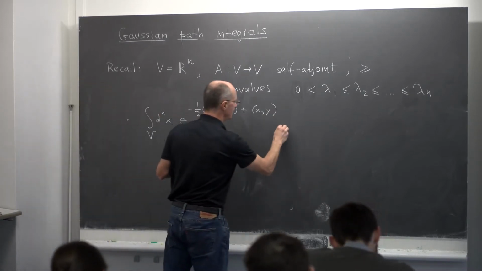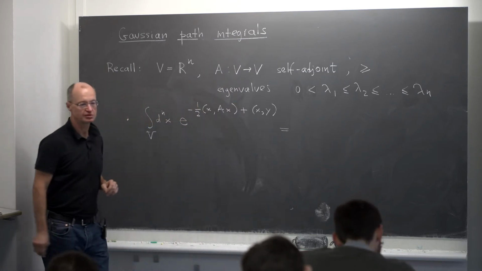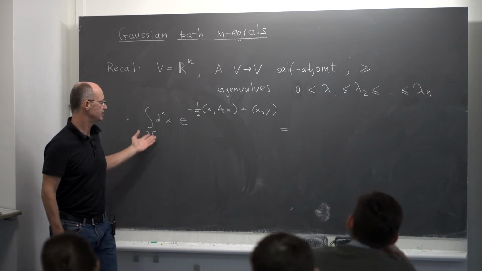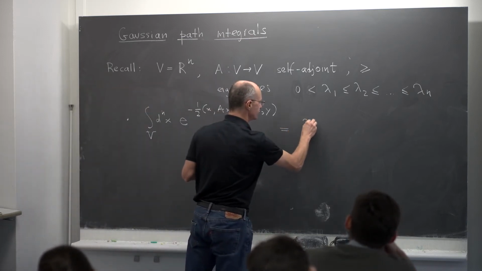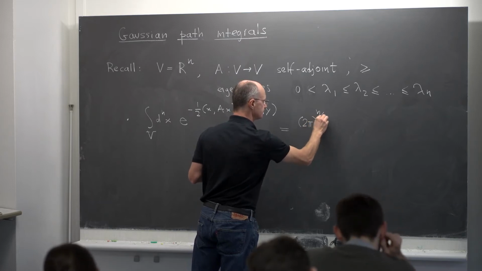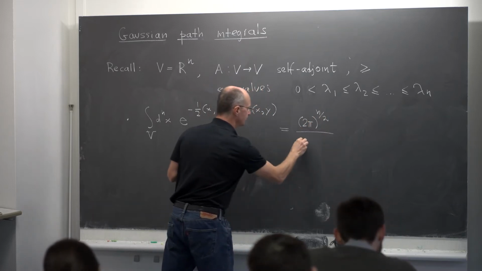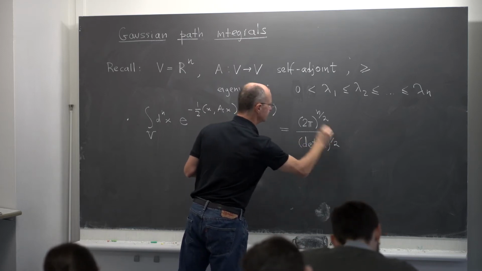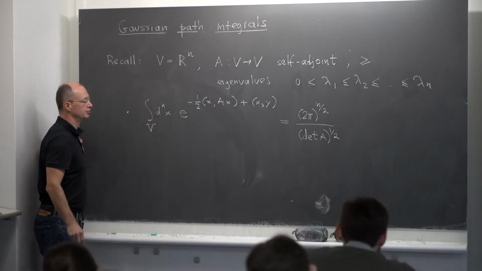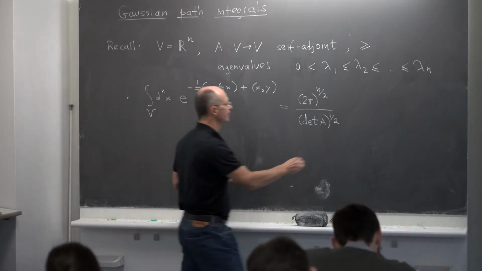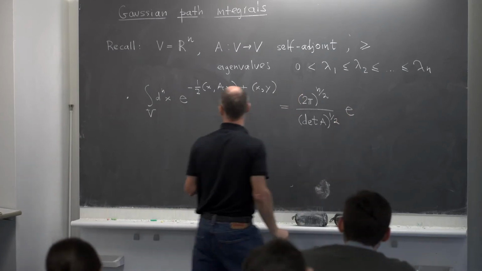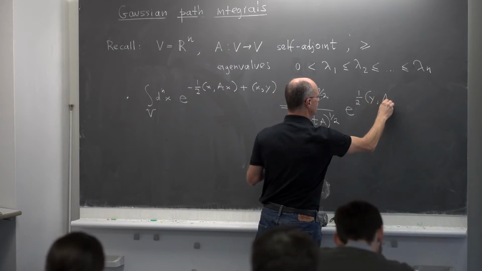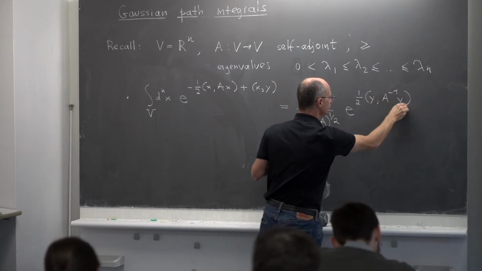So, of course, we know how to compute such integrals. We were already discussing the one-dimensional case in the steepest descent method, and the general answer is 2 pi to the power n over 2, divided by the determinant of A, which is a positive number, to the power 1/2, and here will be the exponential of 1/2 y, A^-1 y.